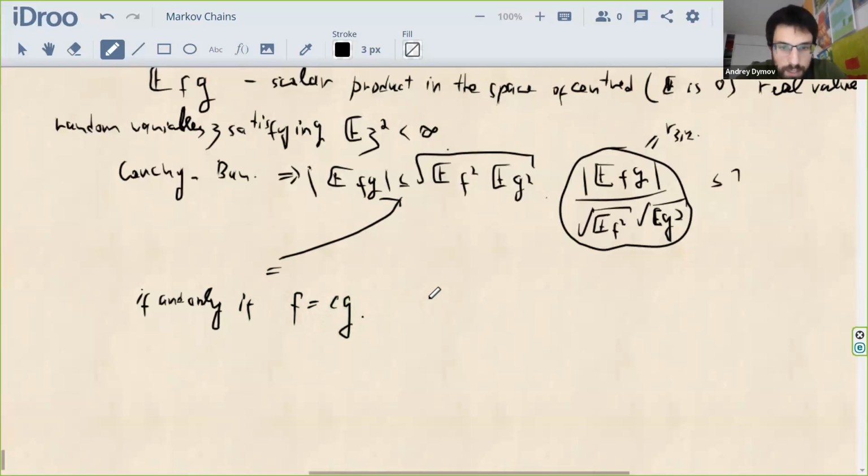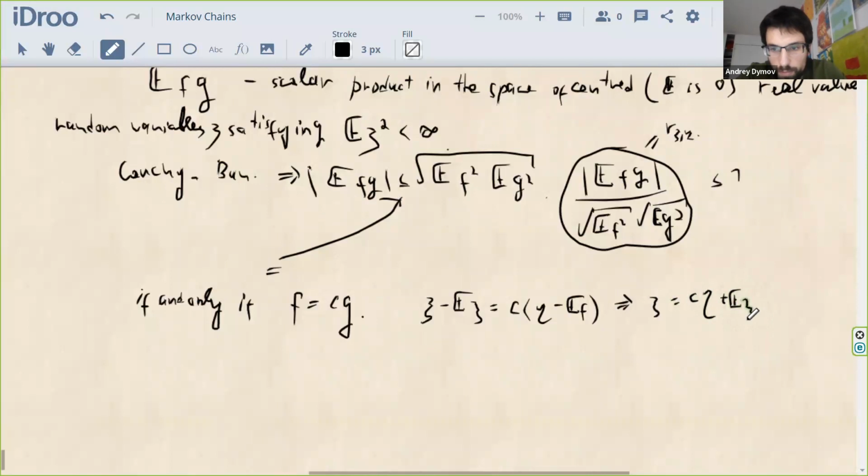But this means that psi, so what is f? This is psi minus the expectation of psi equals c times eta minus the expectation of eta, and this gives that psi equals c times eta plus some constant, which is given by the expectation of psi minus the constant c times the expectation of eta.